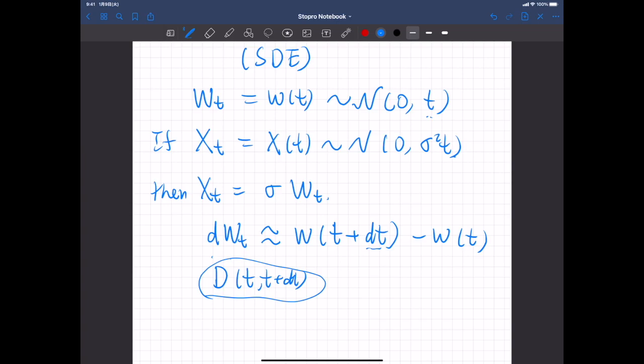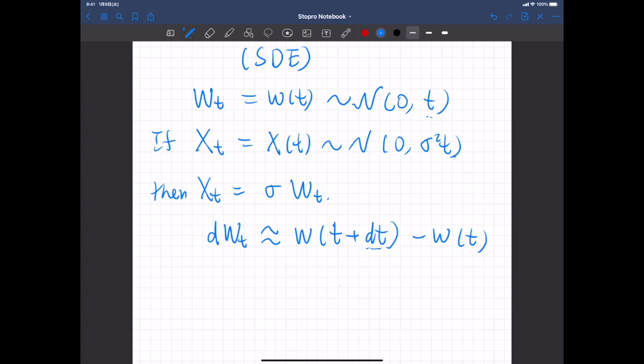This is, as we have defined before, independent increment, stationary increment. So if we take this difference in time dt as infinitesimally small, then this is something like a differential. Okay, but as we have seen before, Wiener process is not differentiable anywhere.